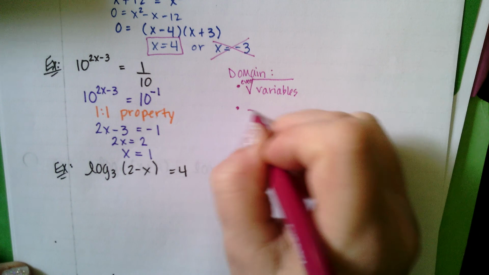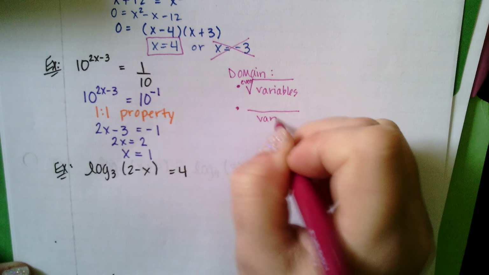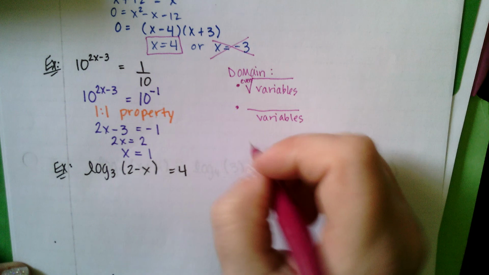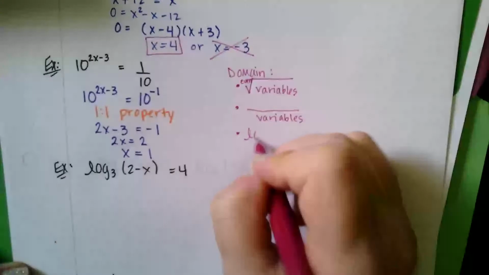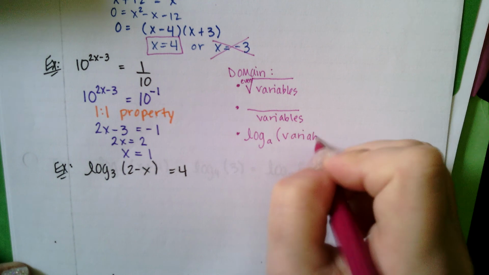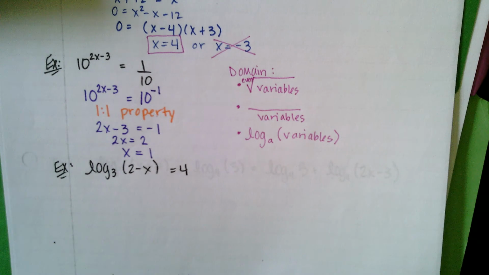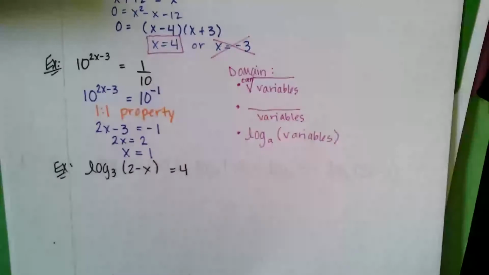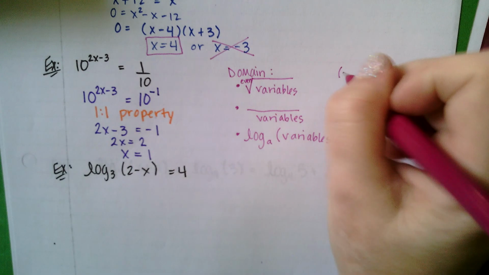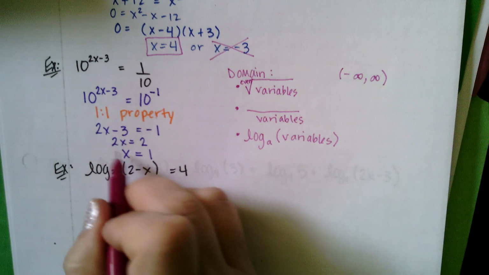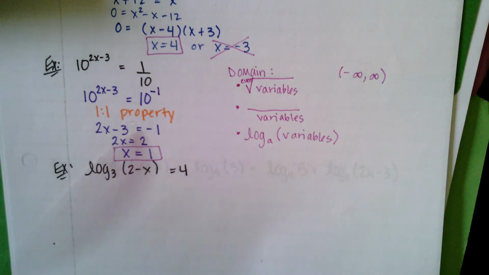If we have variables in the denominator, and now if we have a log, any base whatsoever, with variables inside the argument. So looking at this problem, we have none of those domain concerns. So the domain for this problem will be all real numbers. So when we get finished solving, we don't have to worry about any of our solutions being extraneous.